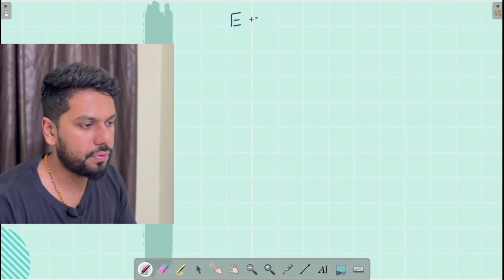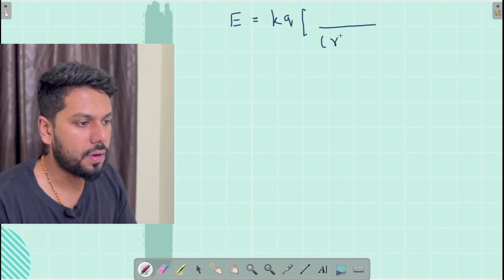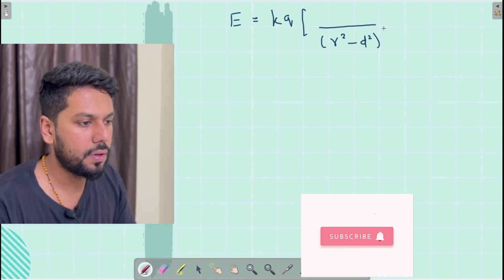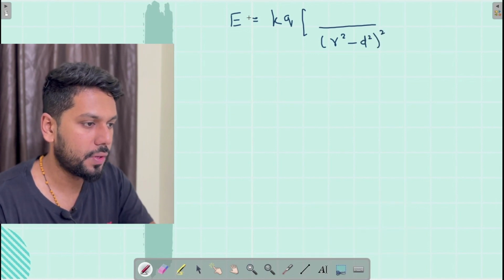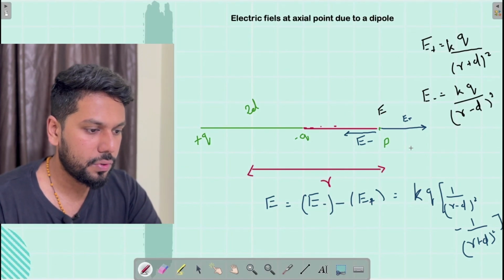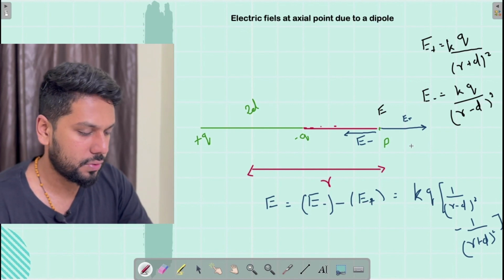The net electric field is going to be KQ times, then you have R square minus D square, okay? Then you see here what is going to happen. You are going to have R square plus D square minus R square minus D square.